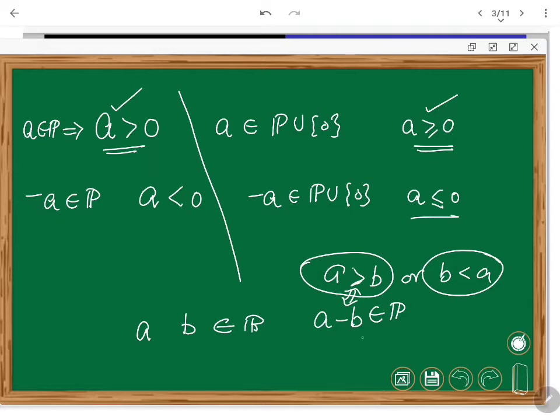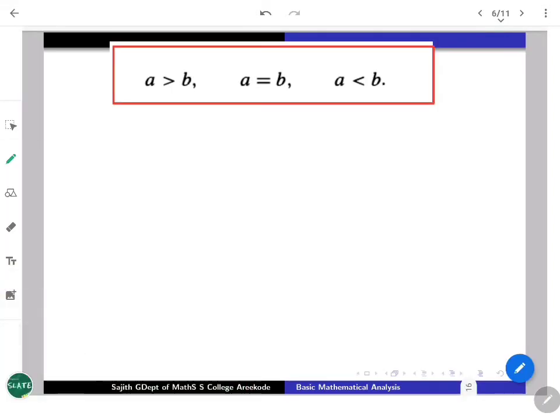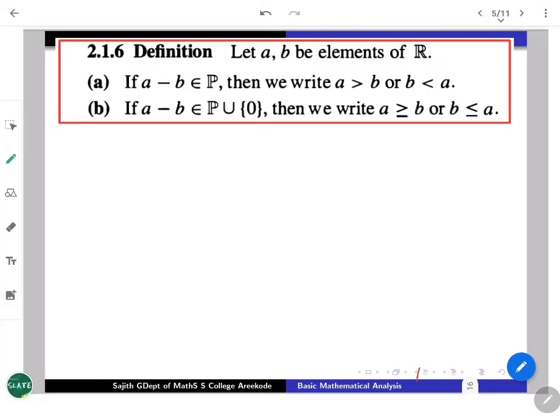Similarly, if you are allowing A minus B to be in P union 0, the notations A greater than or equal to B and B less than or equal to A can be implemented. So these notations are very much useful for us, and it allows further.